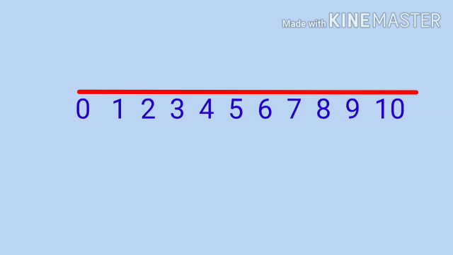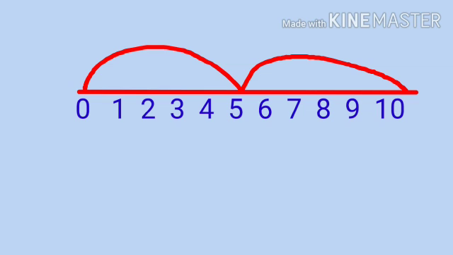So, there is a scale of 0 to 10 numbers. When we round the numbers, if the last digit is more than 5, you will round off to the next tens. If it is less than 5, you will round off to the previous tens.